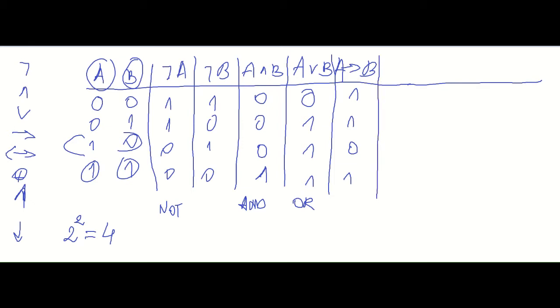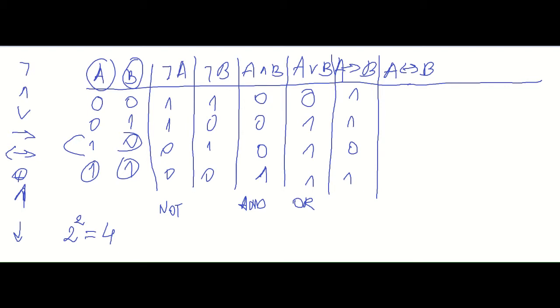And now let's draw for equivalence. It says that we get true when the operands' values match.